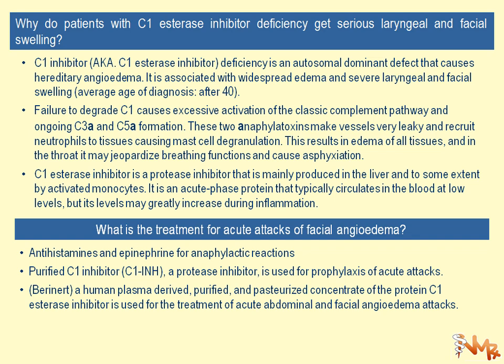It is used for treatment of acute abdominal and facial angioedema attacks. Actually, as you can see, there is also another painful consequence of C1 esterase deficiency, and that one is acute abdominal pain, which is extremely painful.